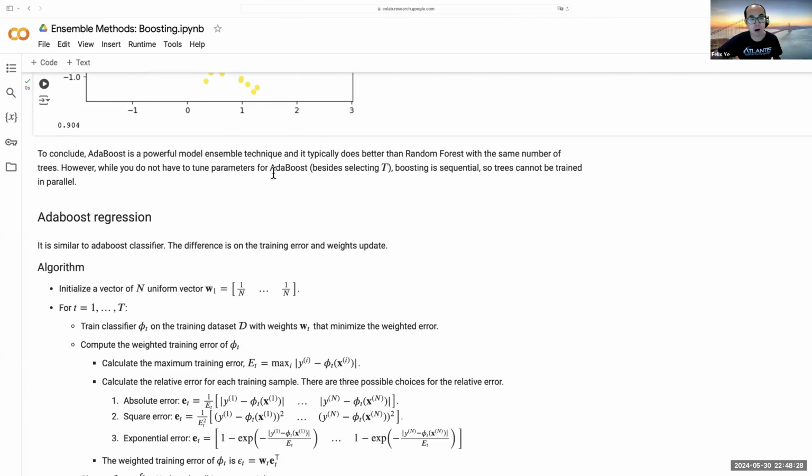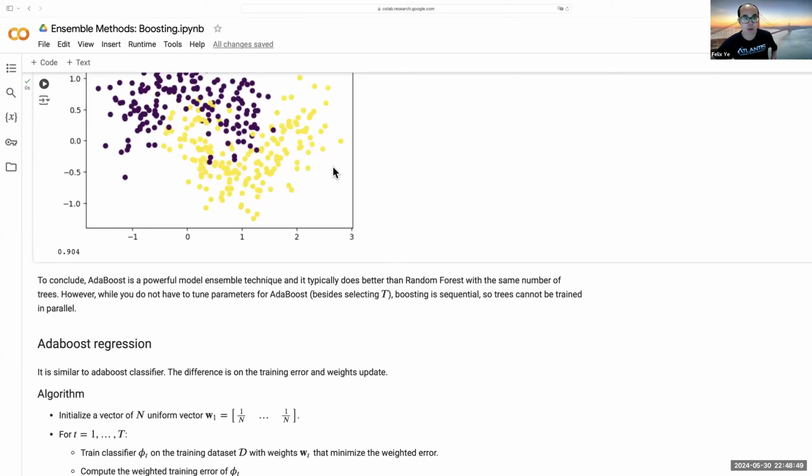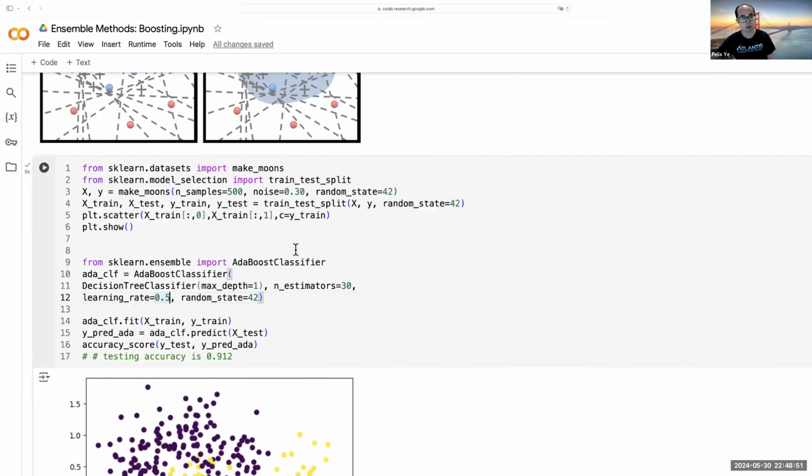So this is a very powerful ensemble technique. Sometimes it does better than random forest with the same number of trees. And also you don't need to tune many parameters for AdaBoost, except for the T that you want to choose, and some parameters for the base learners.